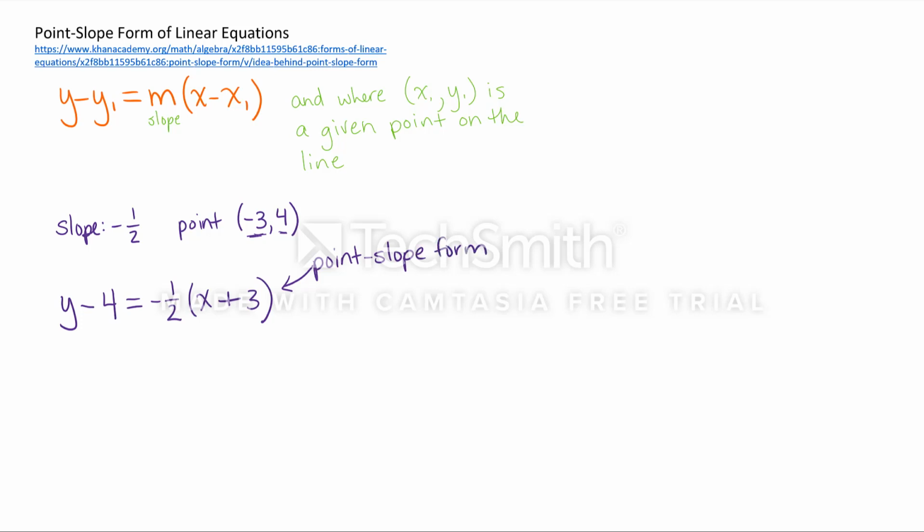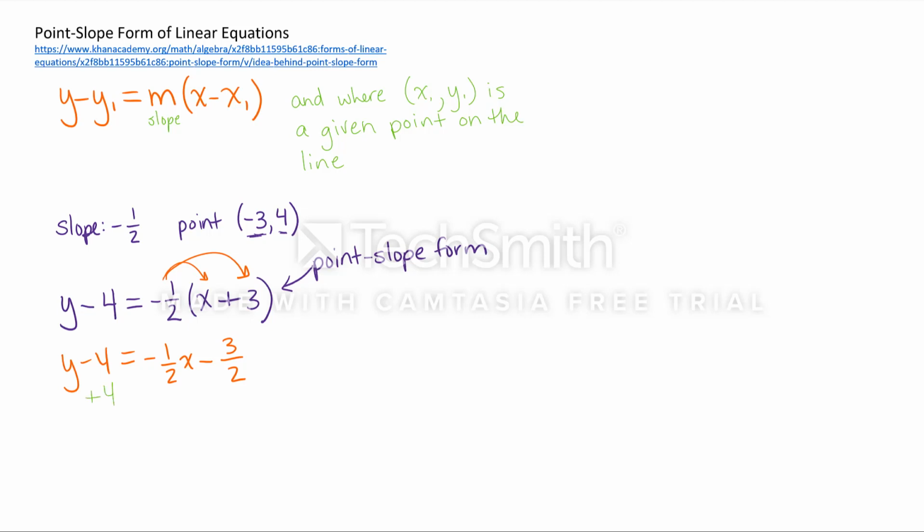And then we can very simply transition from point-slope form back into slope-intercept form or standard form, whichever we need, just by simplifying this equation. So all we need to do is distribute our negative 1/2. Now we have y minus 4 equals negative 1/2 x minus 3/2. And then we just want to take the constant on the y side and move it over to the x side so that y is by itself, because remember that in slope-intercept form, y is isolated.